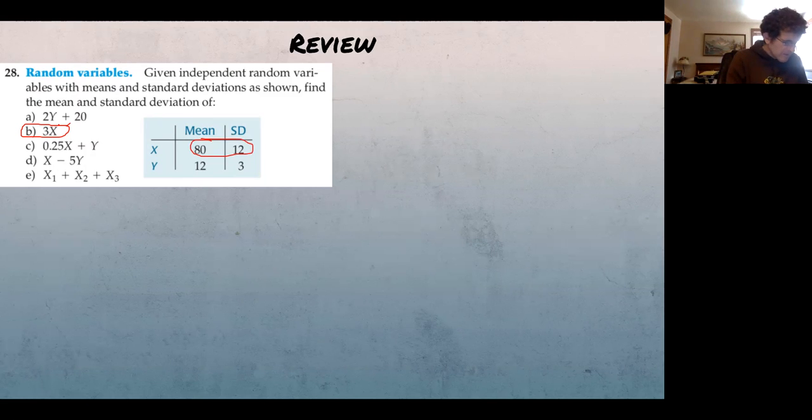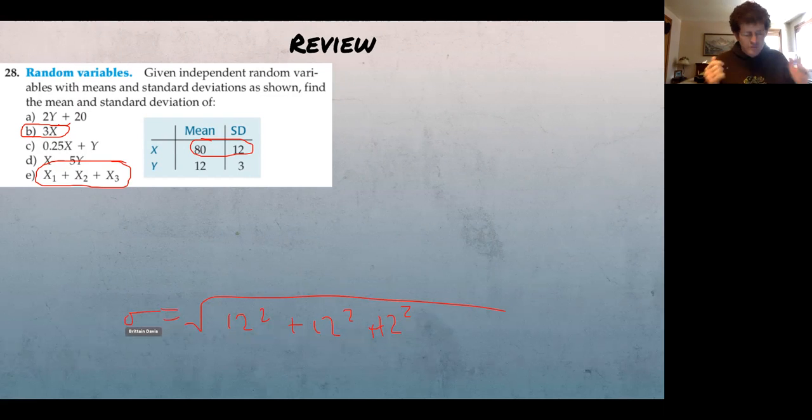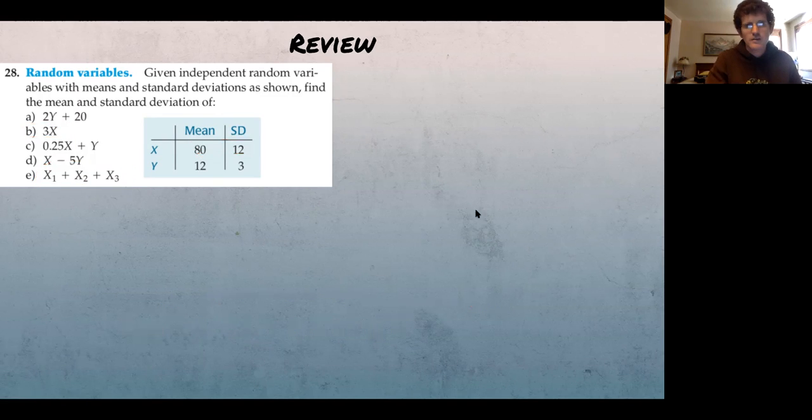When it's like this, it's saying it's multiple events of the same thing. And this is where we'd have to use our Pythagorean theorem, where it's going to be 12 squared plus 12 squared plus 12 squared in order to get the standard deviation. I'm not going to go into more detail with this one. I just wanted to clarify in case that was lost on you. And if that's still lost on you, stick around. We can talk about it more.